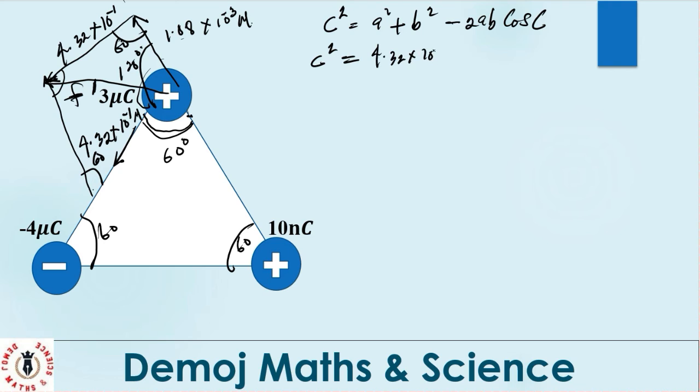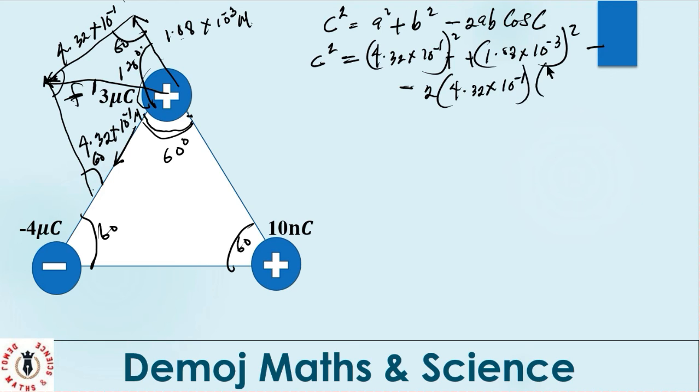My c squared will be the same thing as 4.32 times 10 raised to the power minus 1, all squared, plus 1.08 times 10 raised to the power minus 3, all squared, minus 2 into 4.32 times 10 raised to the power minus 1 into 1.08 times 10 raised to the power minus 3 cos C. Our C here is 60 degrees, cos 60 degrees.